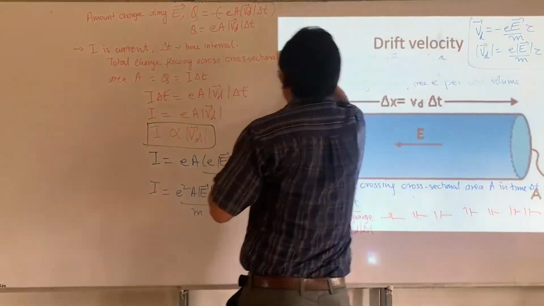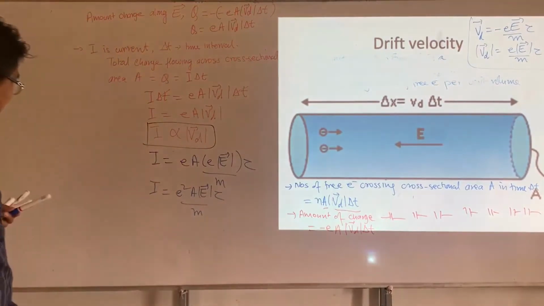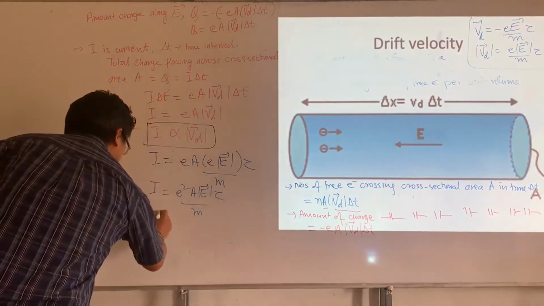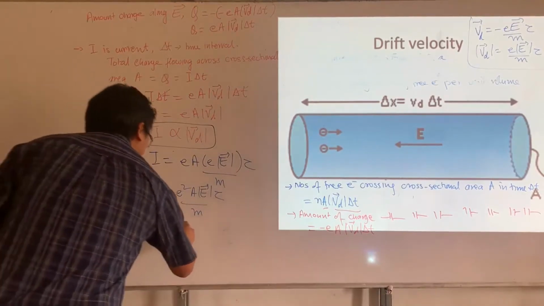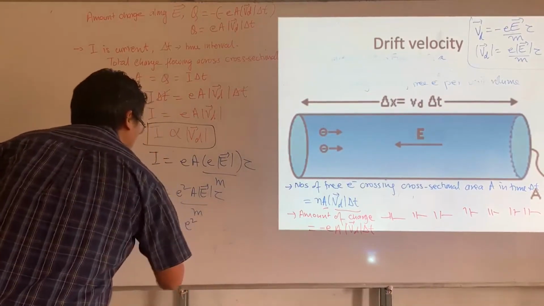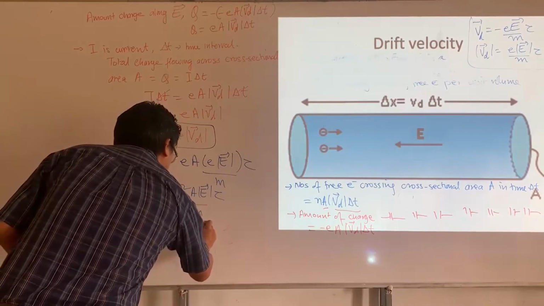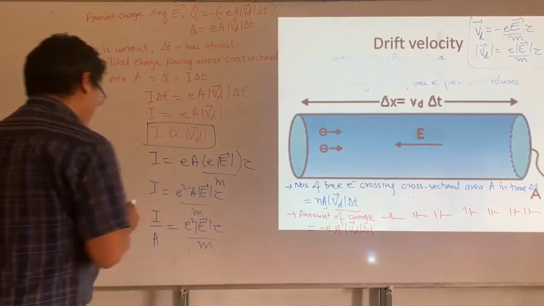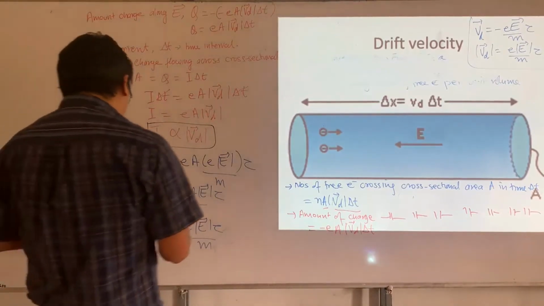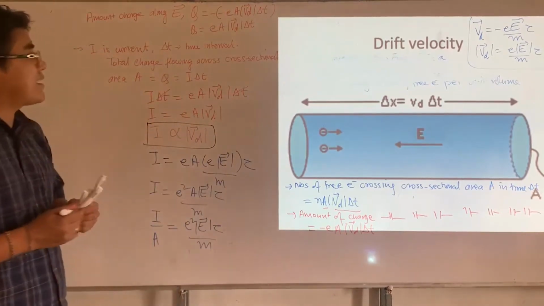Now I'll further do some simplification. I is a current. So I say the current divided by A, then e squared, then E, time of relaxation tau, and n. And what is I by A? We define I by A as current density.